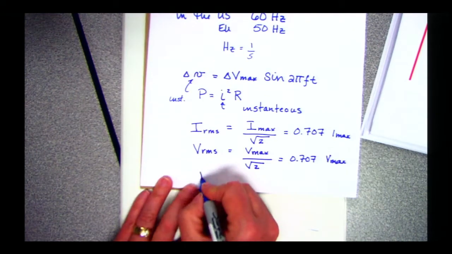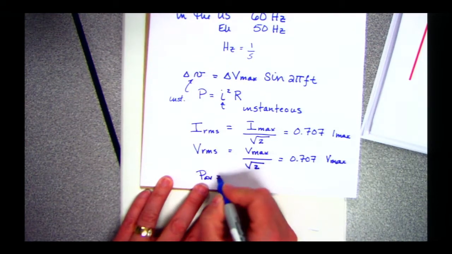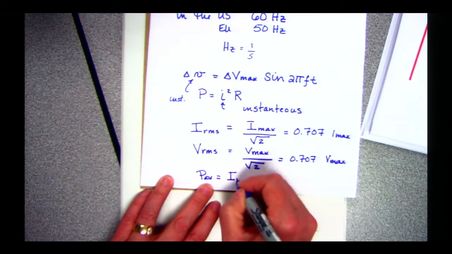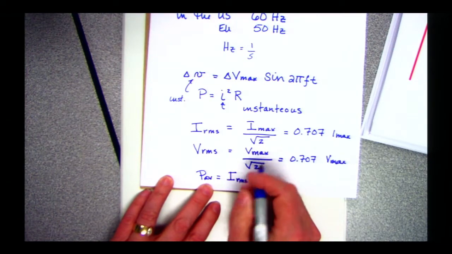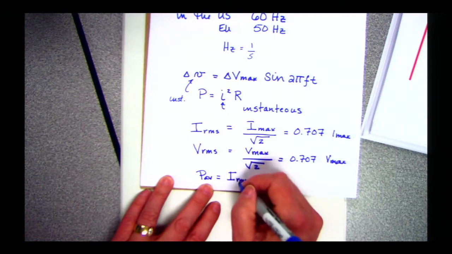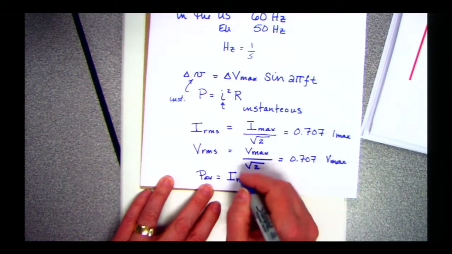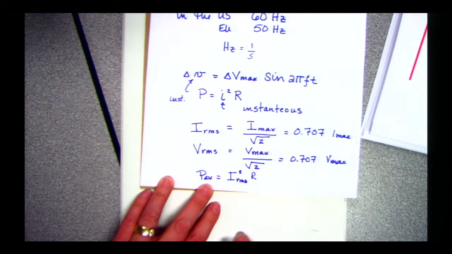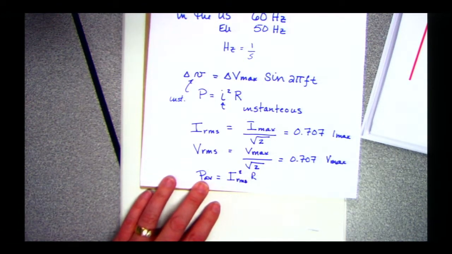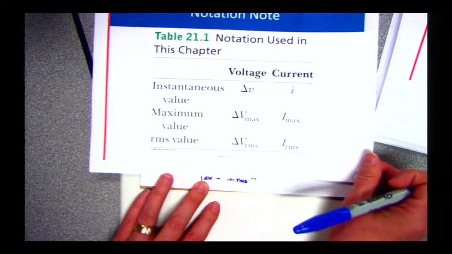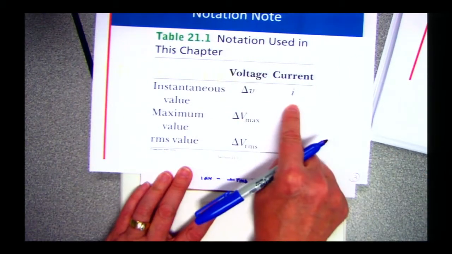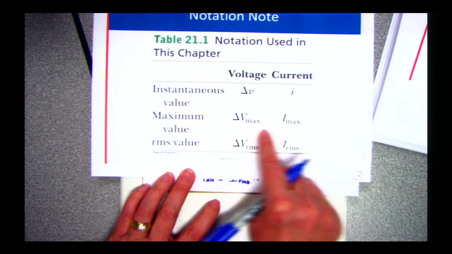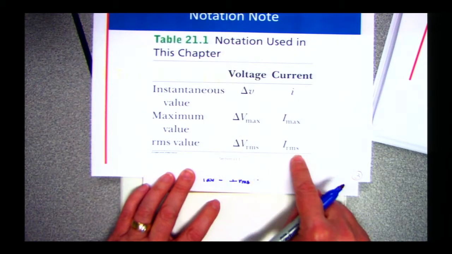And my power average, just like I showed on that little slide, is going to be my RMS value, the average value of I, but we end up getting the root mean square squared, times R. And what's happening to us is this: if we're going to use the script as instantaneous, we're going to use the maximums with max, and then we're going to use the RMS values to give us those averages that we play with.